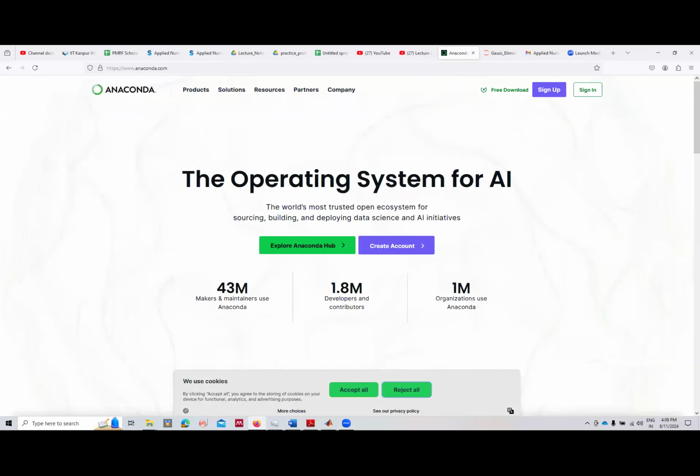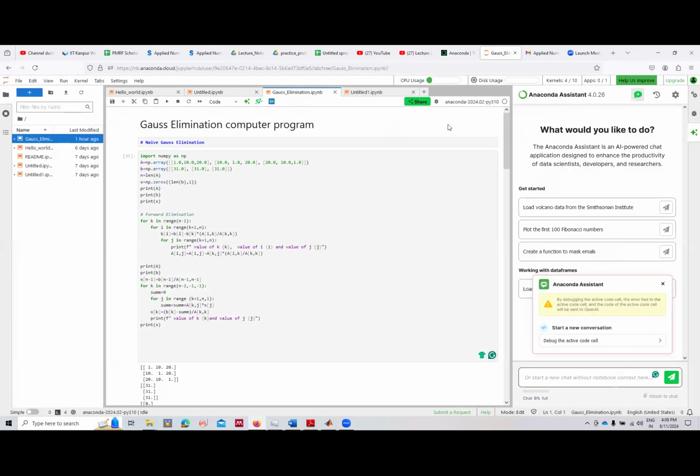So now I will share my screen from computer. I hope you are able to see my screen now.